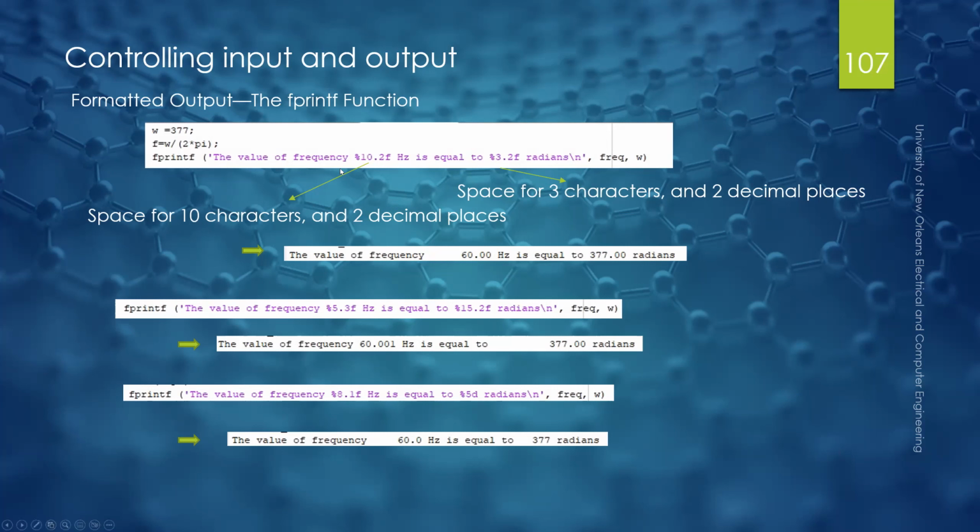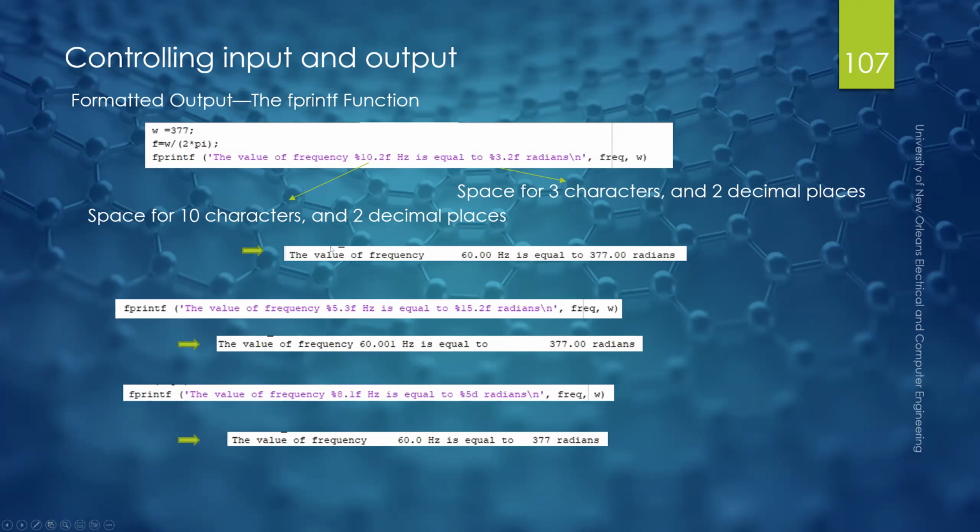But then I'm telling it, okay, the 10 is the width field, and it is saying to use space for 10 characters, followed by 2 decimal places, to display the contents of this variable. In this case, I'm telling MATLAB to use a space for 3 characters and to use 2 decimal places, okay?